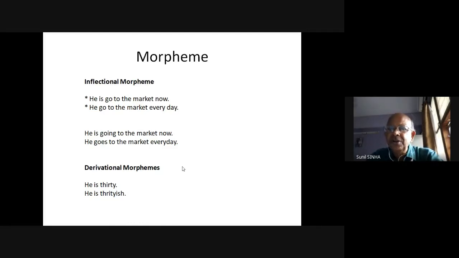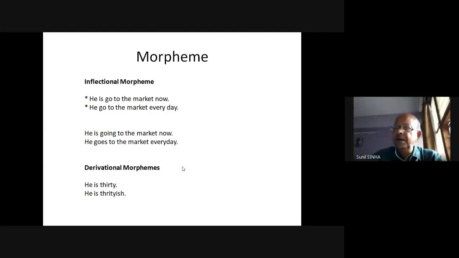Because we add ish. And that is the concept of derivational morpheme. A derivational morpheme, here ish, is not needed on 30 to satisfy any rule of English grammar. We need ish on 30 to expand its meaning, to change its meaning.